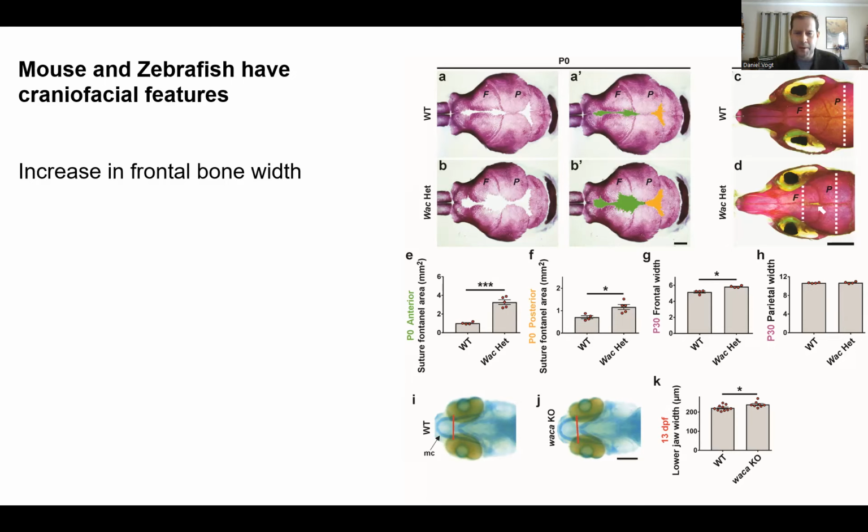And we quantified this in E through H, and each dot here represents a different animal, but as a group, I hope you appreciate that we do have a shift in the frontal bone width in the animals. And similarly, Dr. Kim's lab was also able to recapitulate this in the zebrafish, and that's quantified here in K. So the good thing is we do have one of the features consistently found in both of these models that we might be able to work with in the future.